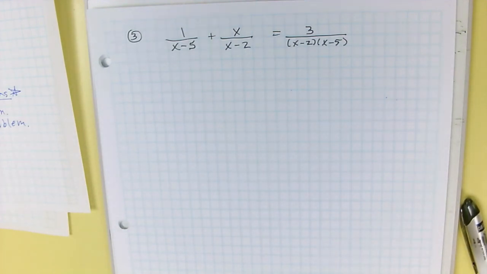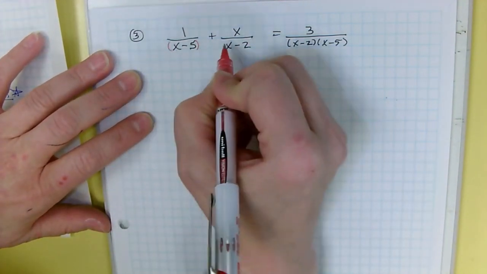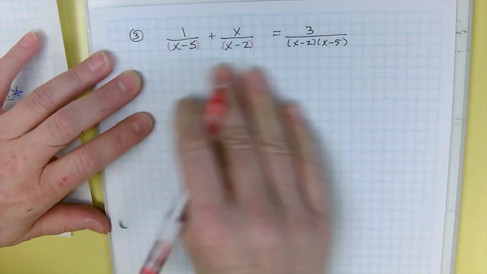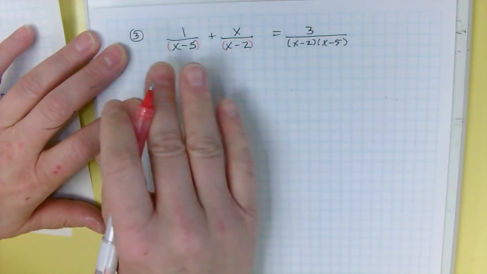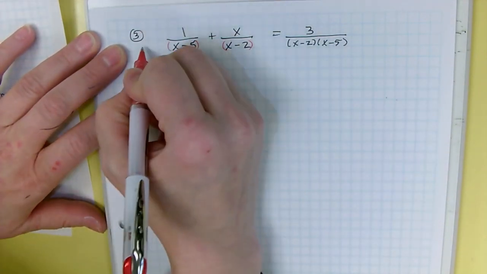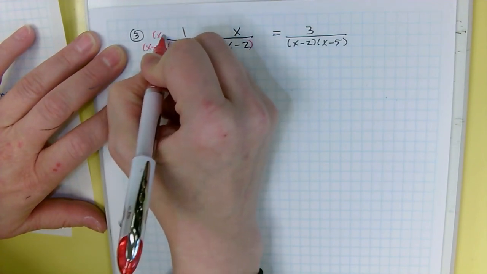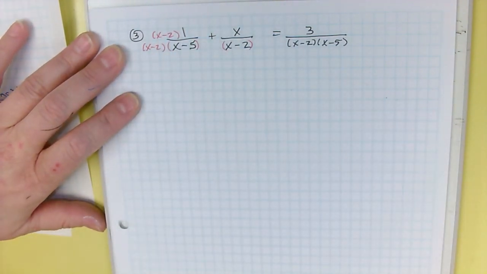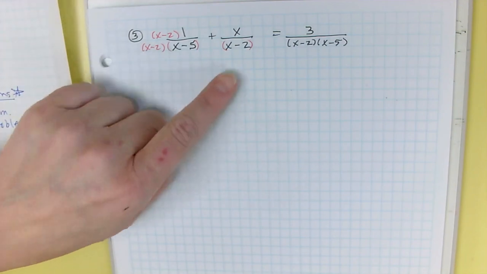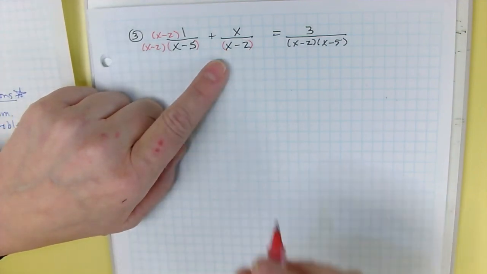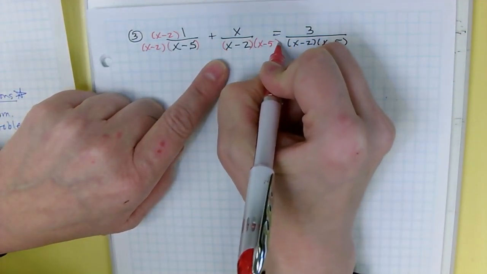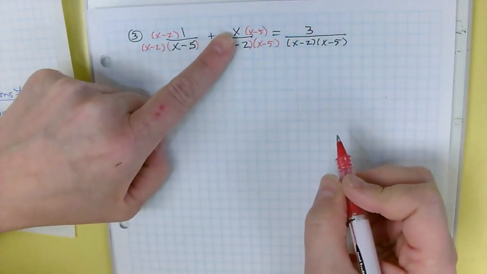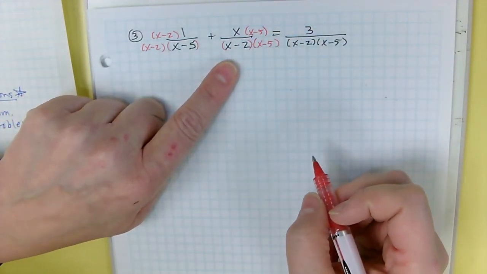Okay, so the actual solving process is going to be the same. So we need a common denominator, and everything is pretty much already factored. So for the 1, I need an x minus 2. So I'm going to multiply by x minus 2 over x minus 2. For the second term, I have an x minus 2. I need an x minus 5. So multiply top and bottom by x minus 5.